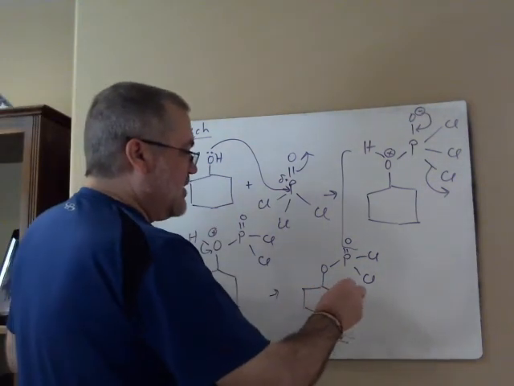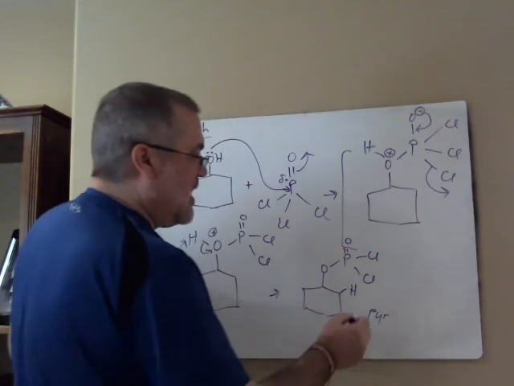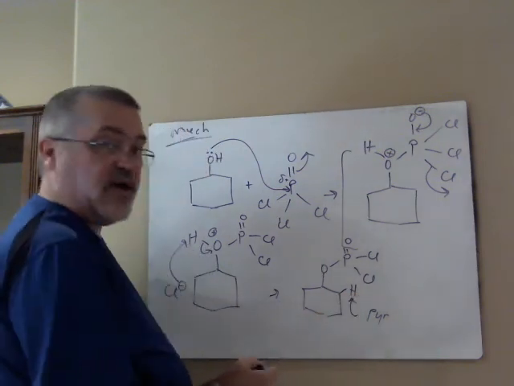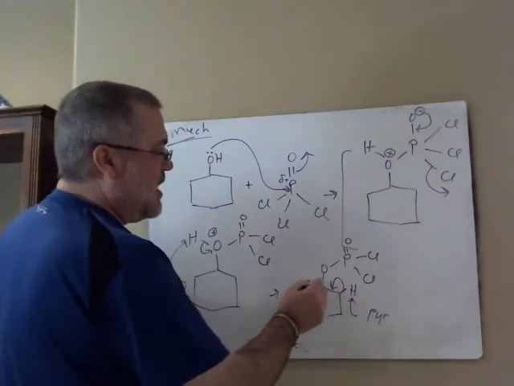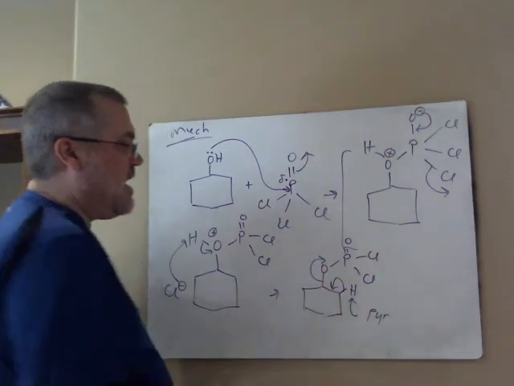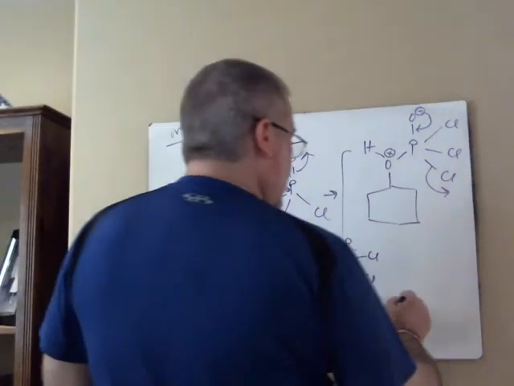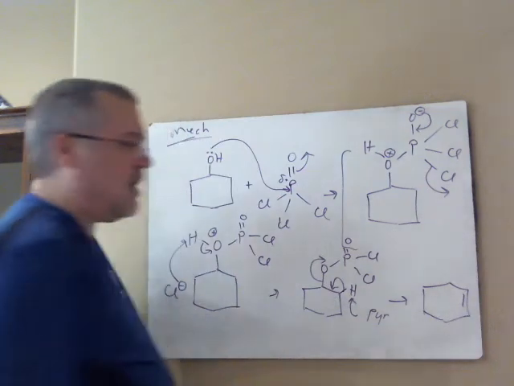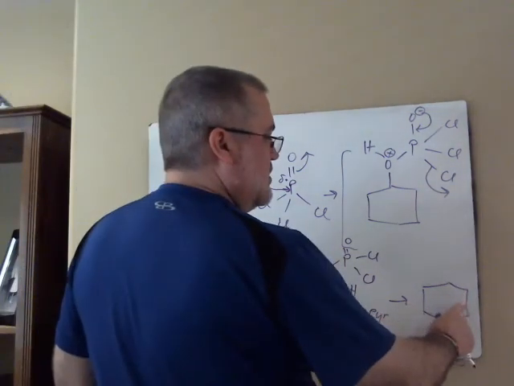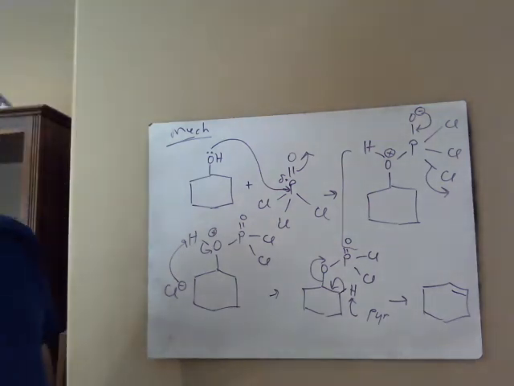Now it just takes something like pyridine, which is a base, pulls this proton off, electrons come in to form a double bond, and it kicks off that as a leaving group. And the result of that is the formation of the alkene. And I'm sorry, just to be clear, I'll put it there.